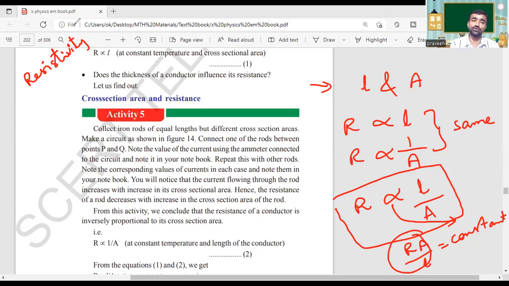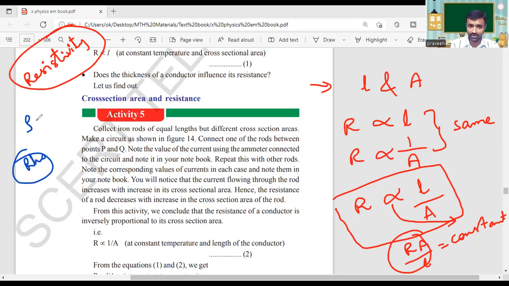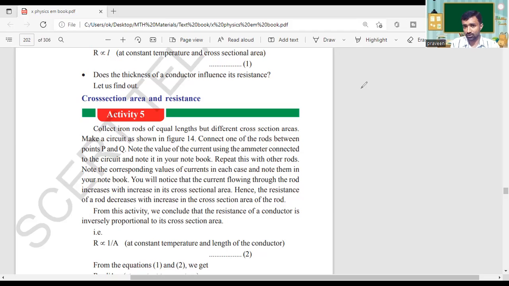Resistivity is denoted by the Greek letter rho, read as rho. This rho tells us the specific resistivity. So I got rho equals R A by L.